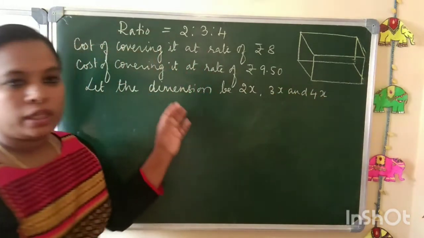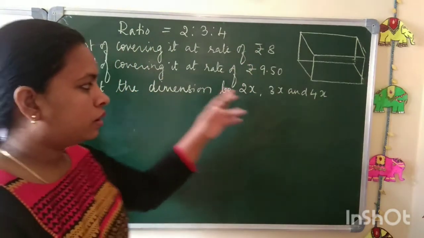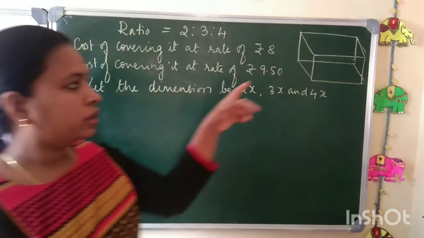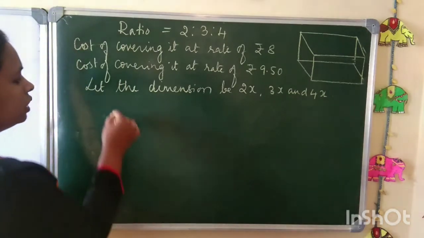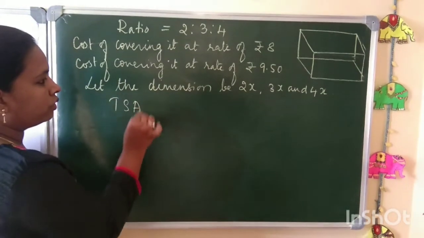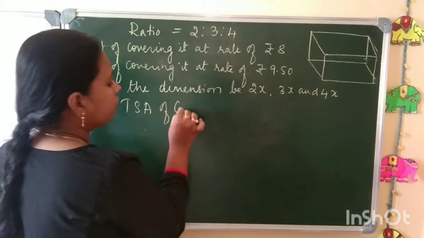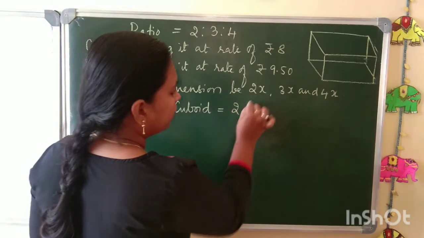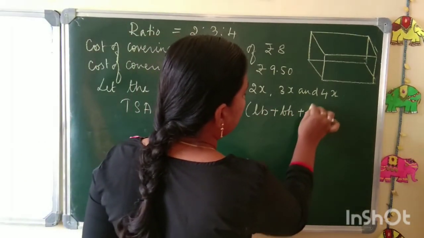Remember, whenever they give you in the ratio, you have to take along with x. So now if you want to find out the area covered here, you have to find out the total surface area of, as it is a rectangular box, it will be the total surface area of a cuboid. Total surface area of a cuboid will be equal to 2 into (LB plus BH plus HL).